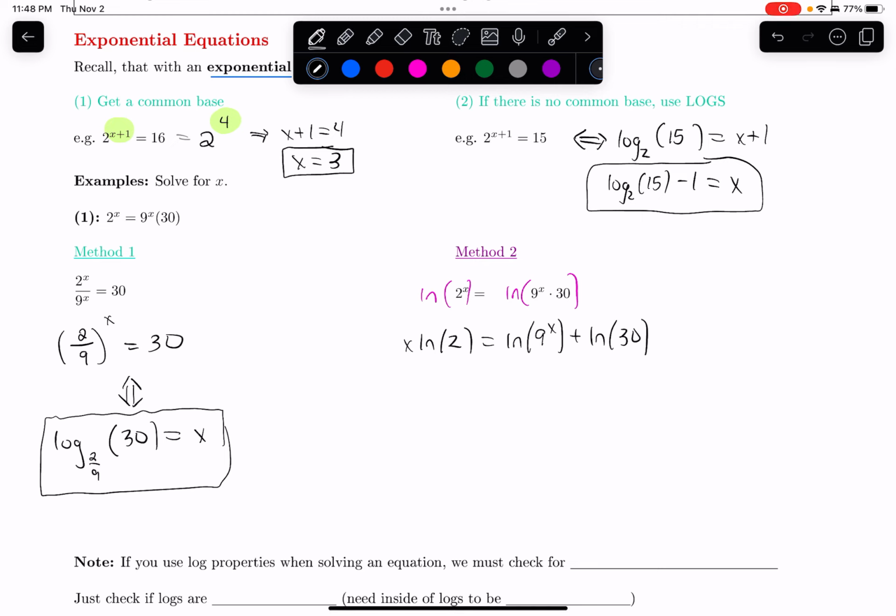That was one of our log properties where if I'm adding two logs together, it becomes one log and the insides get multiplied. Well, I'm just using that in reverse. And now in this log here, I can move the power out to the front, and doing that gives me x times ln of 9.